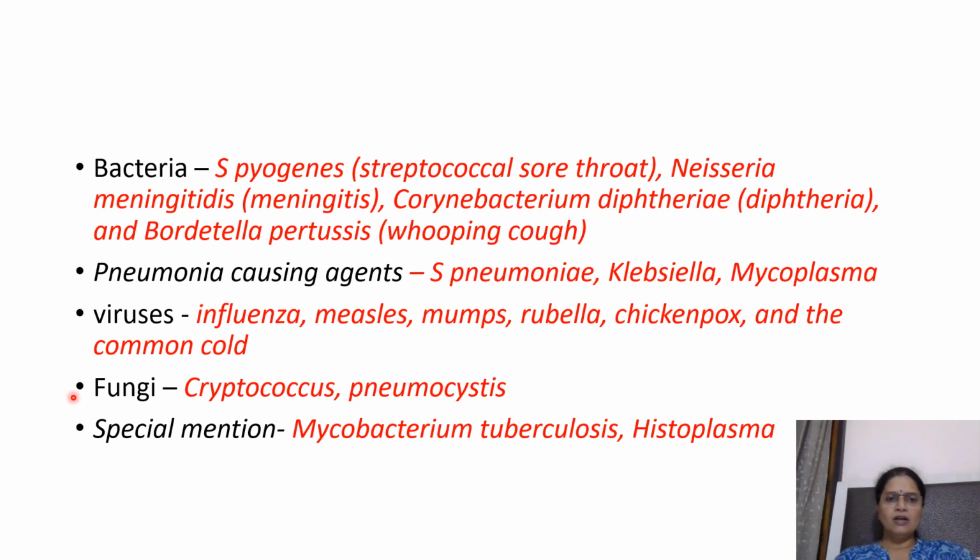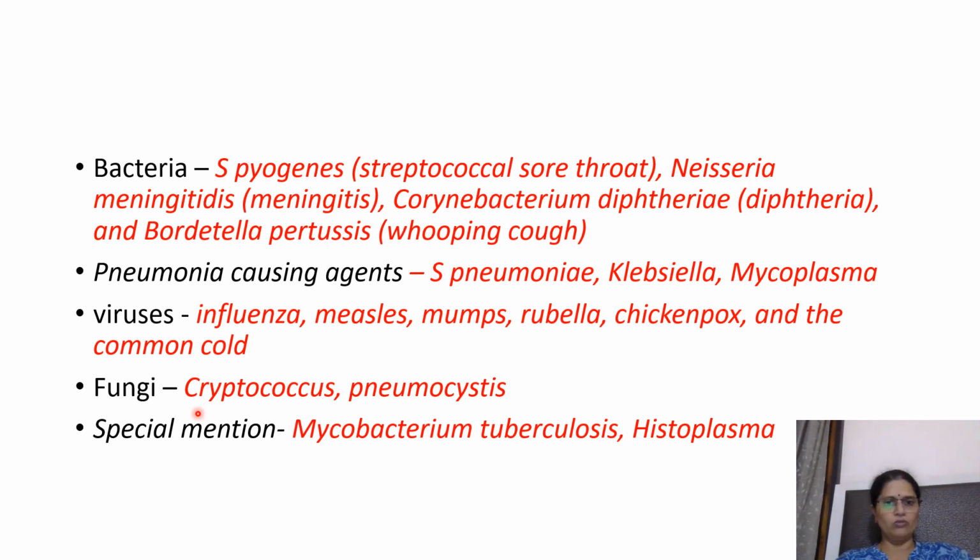And the common fungi are Cryptococcus and Pneumocystis. Again, these two fungi usually cause infection in an immunocompromised individual, that is the person who has a lower immune machinery. In such people, these infections are commonly seen, especially in AIDS patients.